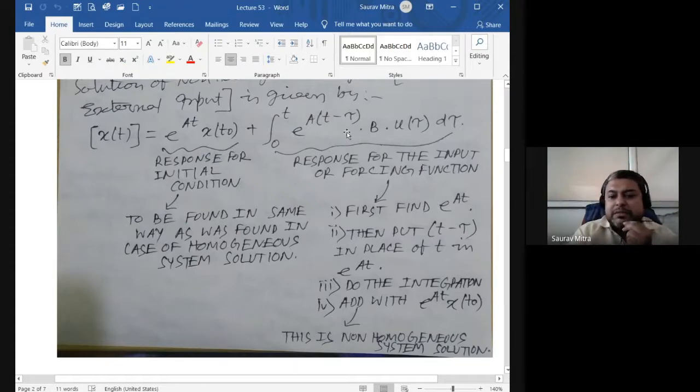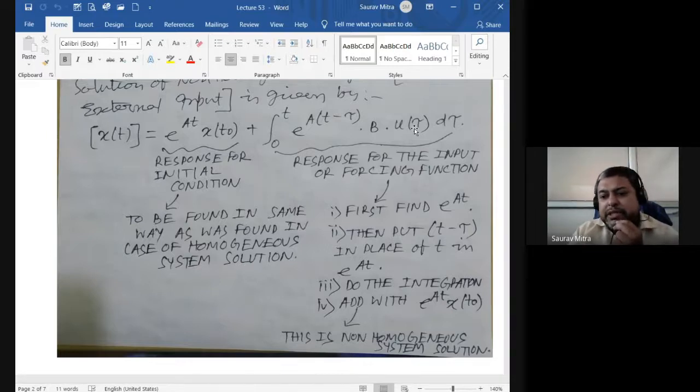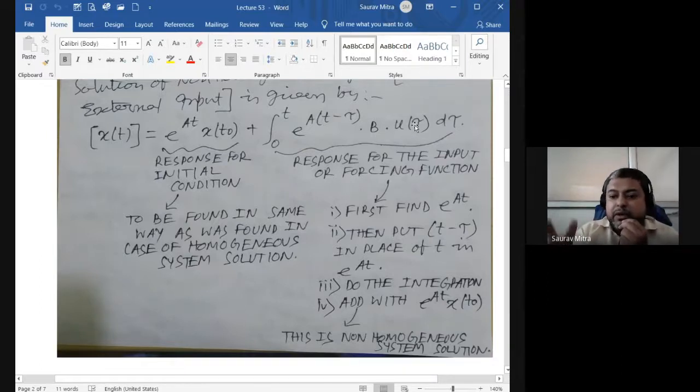All the steps are given in the numerical. Be careful with u(tau). Either you write u(t) or u(tau) or u(x) or u(v), anything. That is actually a unit step having amplitude 1, and it is in the time domain. So if I say the input is 2u(t), that means you have to substitute u(tau) as 2. If I say it is 10 volt or 10 steps, then you have to substitute u(tau) as 10.